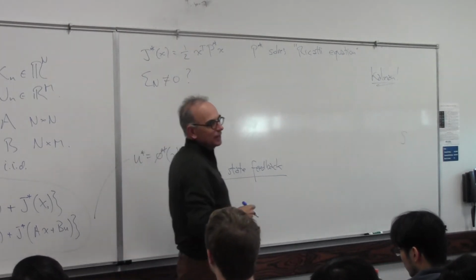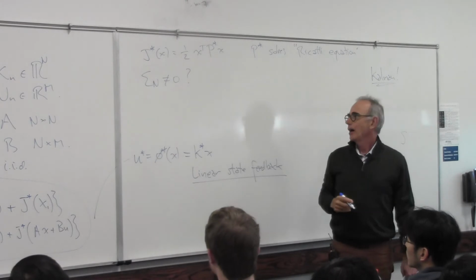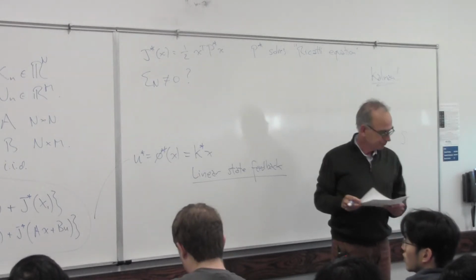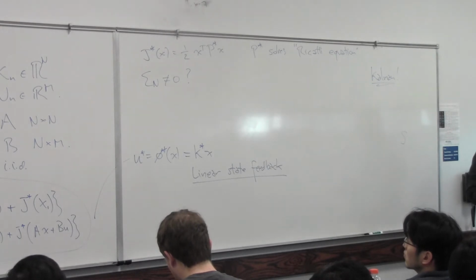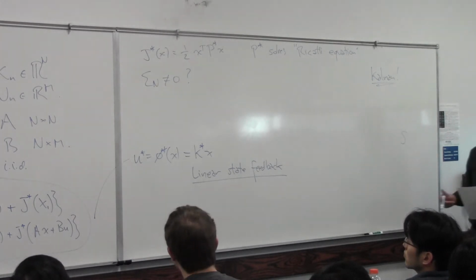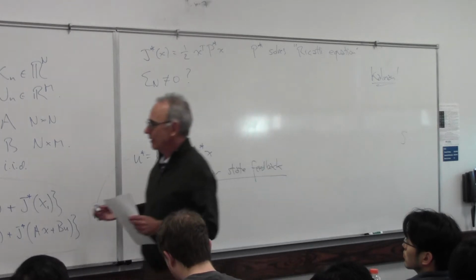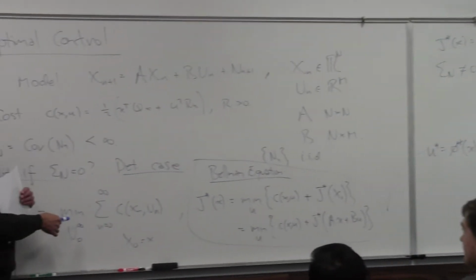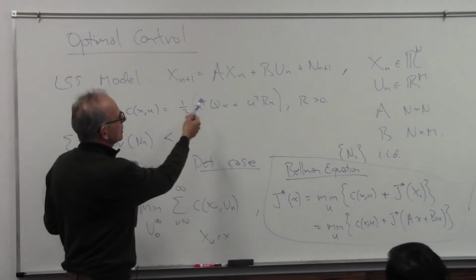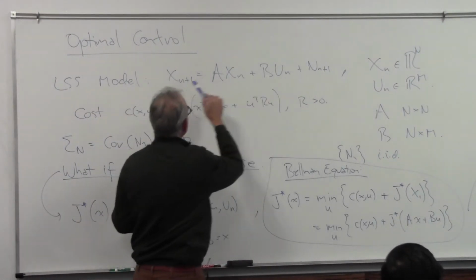So now, what about the noise not being 0? What happens then? Okay, so again, what would you do? You'll see, this is going to be fun. Is it obvious you're not going to do something like this if there's noise? Take a look. Every single time you're hitting xn by noise.